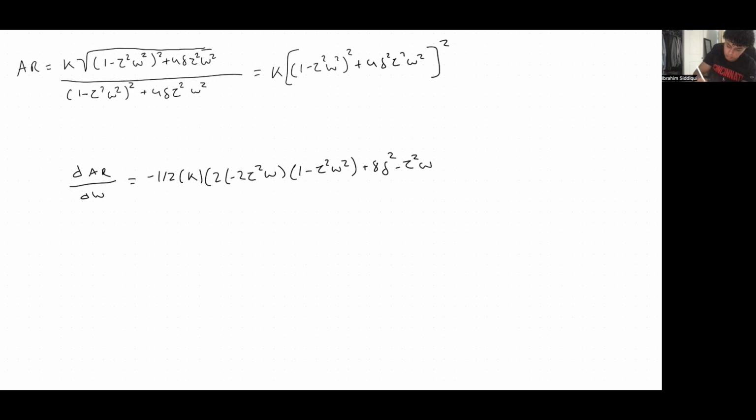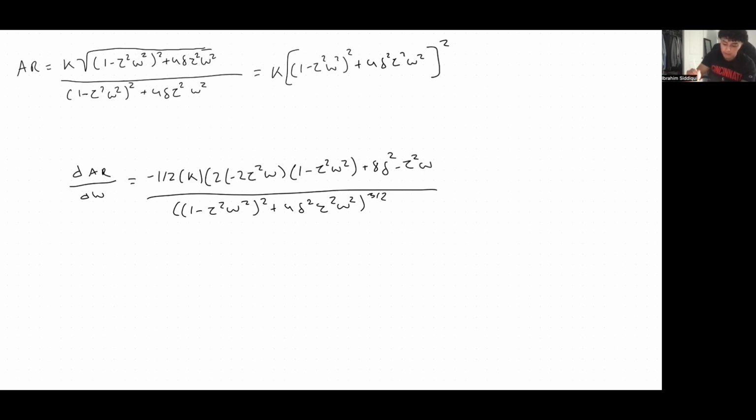This will all be over 1 minus tau squared omega squared, all of this squared, plus 4 delta damping factor squared tau squared omega squared. Since the top is to the power of negative 1/2, the bottom is going to be 3/2.